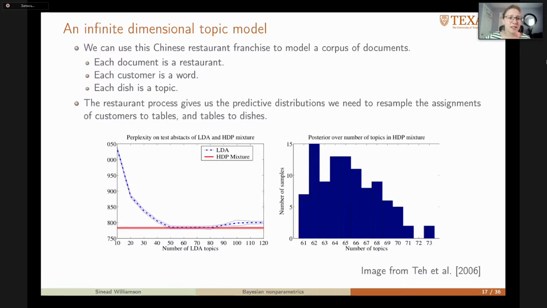So what's the advantage of this over just using a finite topic model? Okay. So this is a couple of figures from the paper that first introduced this hierarchical construction. And on the left, what they've done is look at, well, what if we just picked different values of K to pick our topic model?